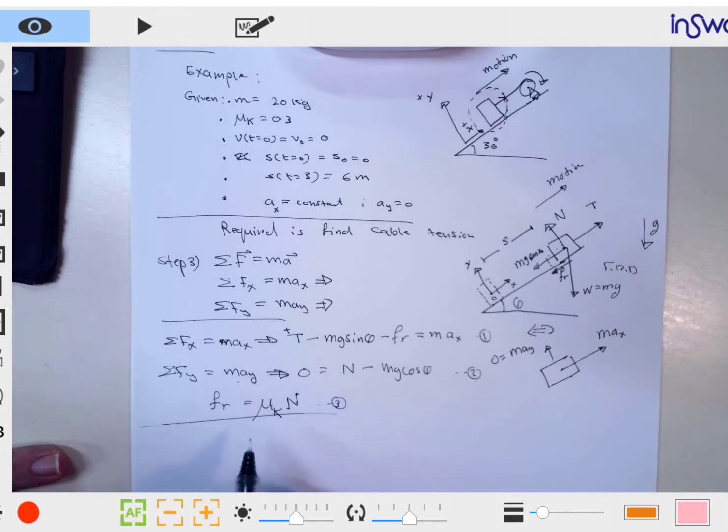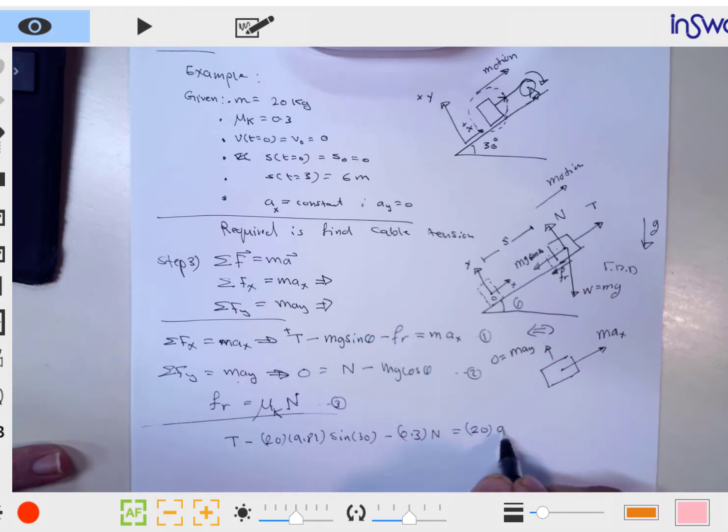So let me summarize and plug in numbers. So we have an unknown T minus the weight, which is 20 multiplied by 9.81 and multiplied by the sine of 30, minus μk, which is 0.3, and N is unknown, and this is the friction force, equal to m, which is 20, multiplied by the acceleration ax, which is unknown.